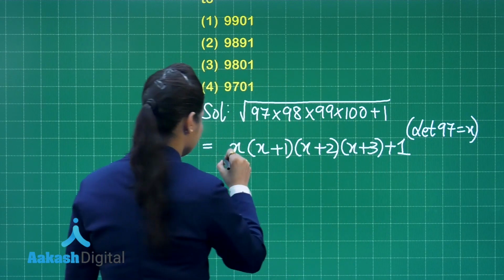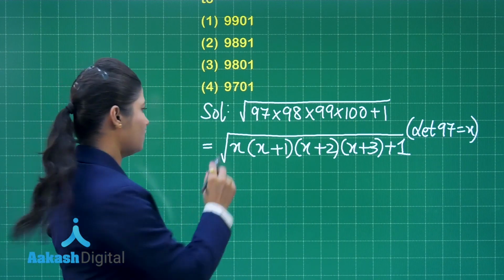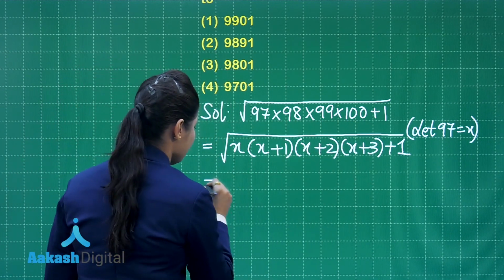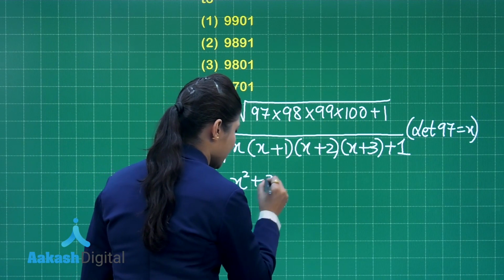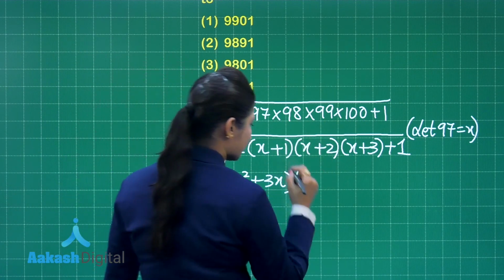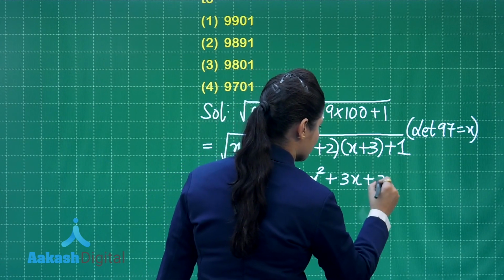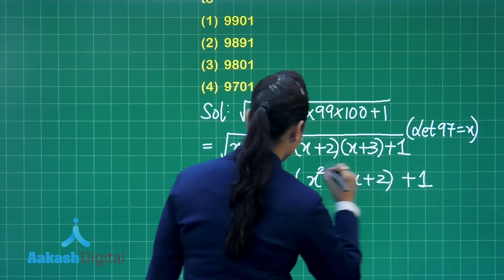When I take the product of x and x plus 3, that gives me x square plus 3x. And when I take the product of x plus 1 and x plus 2, it gives me x square plus 3x plus 2, plus 1 I have here.